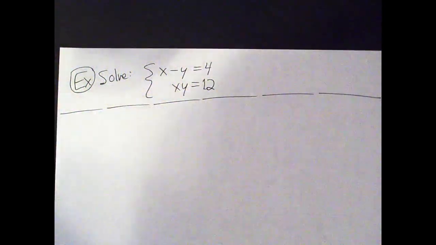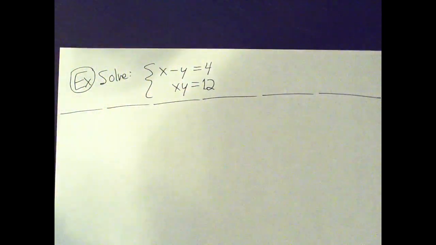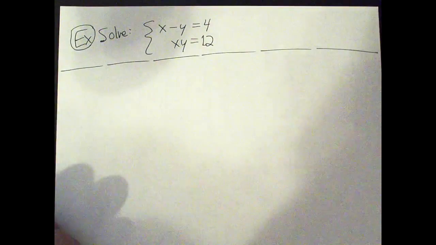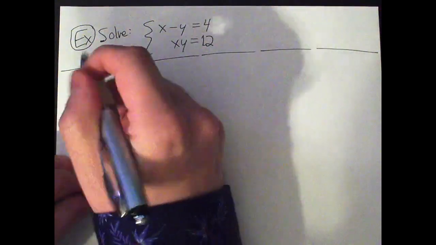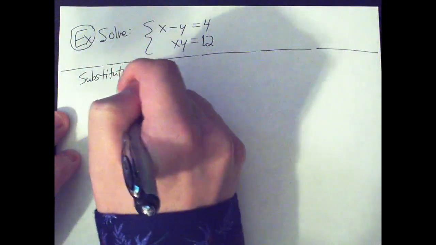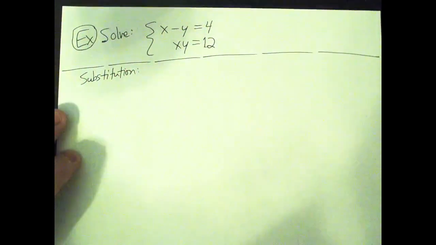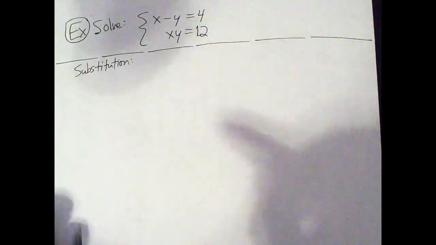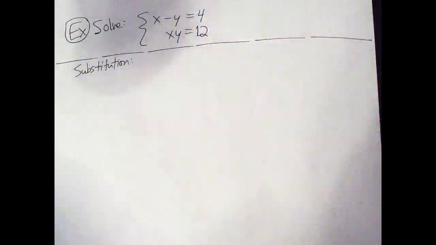All right, so actually, because of the xy equals 12, I think it would be difficult to do the elimination method on this. I think the substitution method is going to be better. Because with the elimination method, we try to get rid of the x or the y, usually by adding equations. But because that has that xy, I don't think that's going to happen. So let's do substitution.